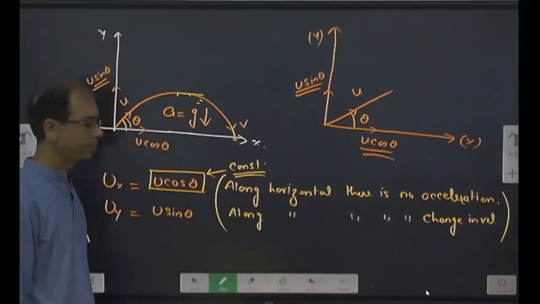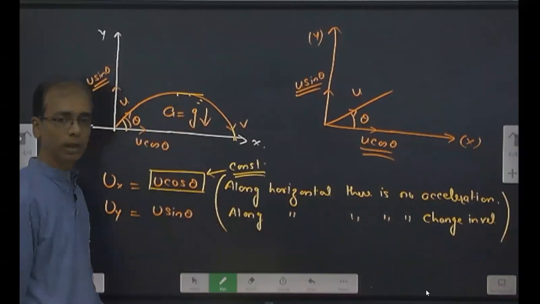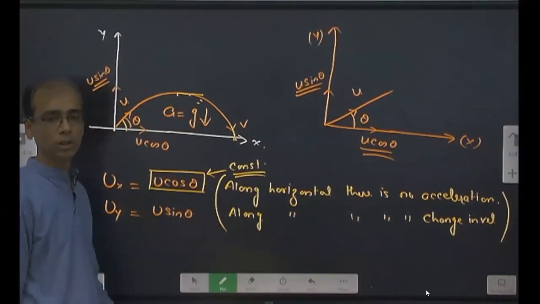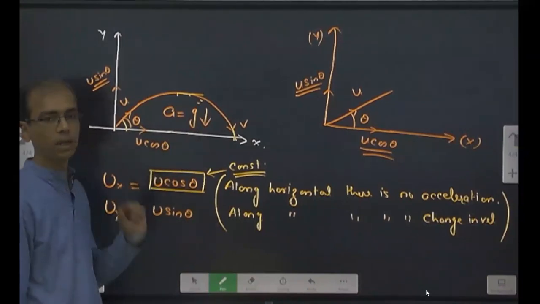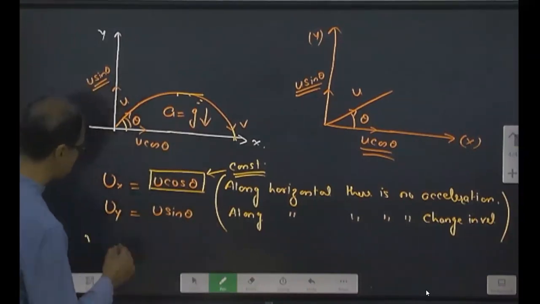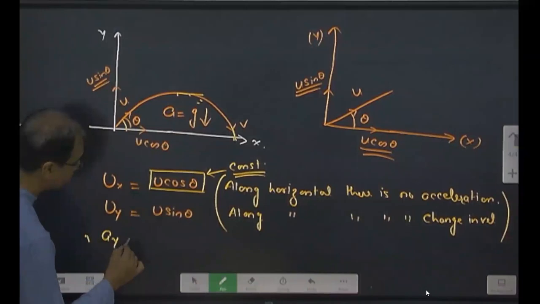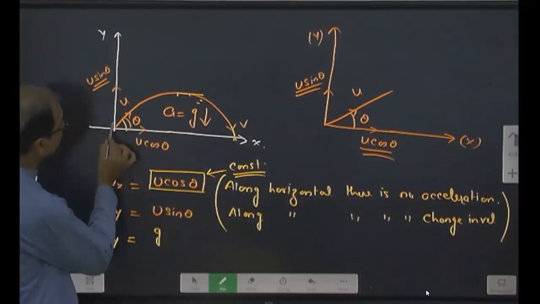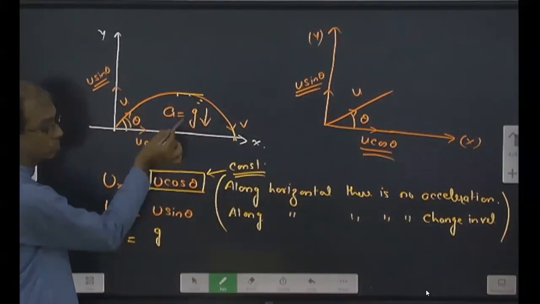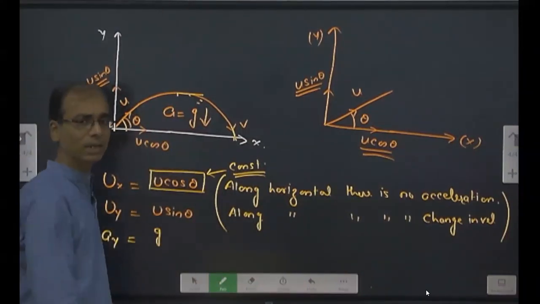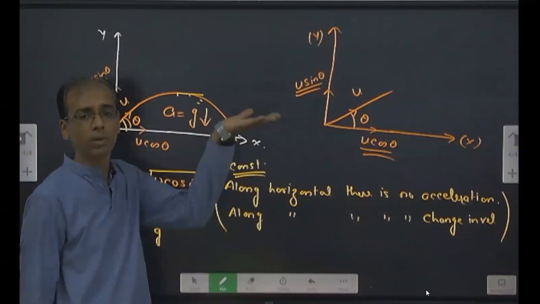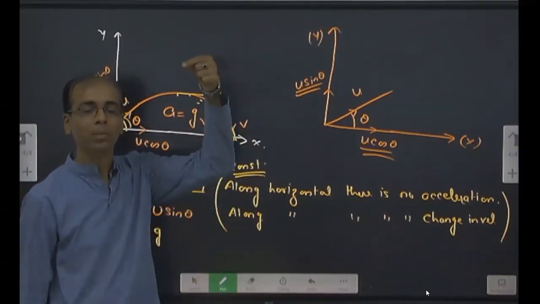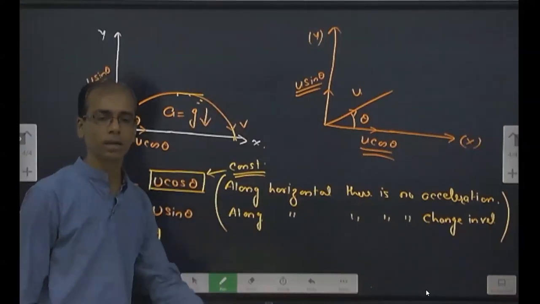Okay, fine. What about the vertical direction? What about uy? uy will keep on changing. Why? Because acceleration is there. In fact, initially it's acting as retardation, because u sin theta is upwards and g is acting downward. It's exactly similar to a particle thrown upwards: it goes to the top, maximum height, and then returns back.